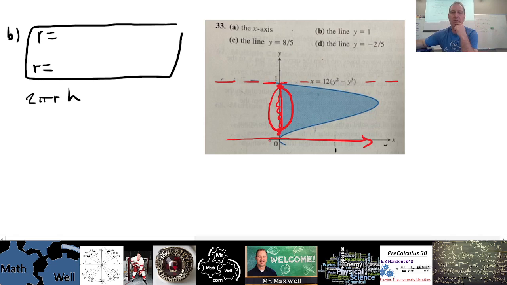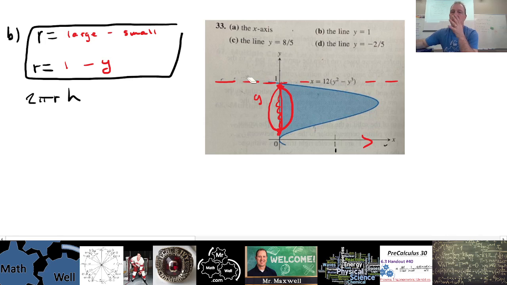So if the axis of symmetry is below where the y values are, we go y minus the axis of symmetry. In our first example, this would have been y minus 0. That's what we used. Well, with this example, you want the radius to be positive. So we're going to take the axis of rotation minus y, because the axis of rotation is larger than the y values. So we do a large value minus a small value because we want the radius to be positive. So the radius is 1 minus y.